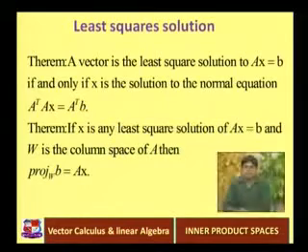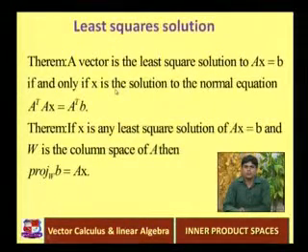But in many situations the system Ax equals b requires a solution, and we find a solution x which is an approximate solution of the system Ax equals b, and that solution is called the least squares solution.